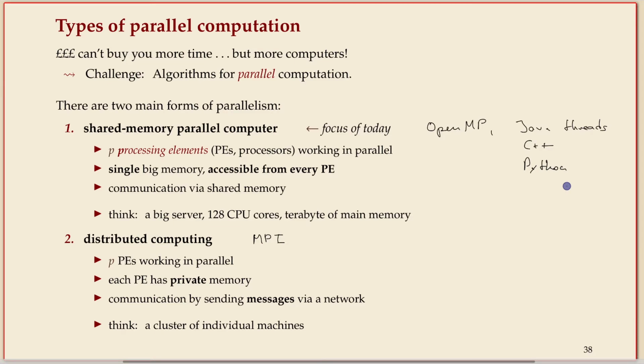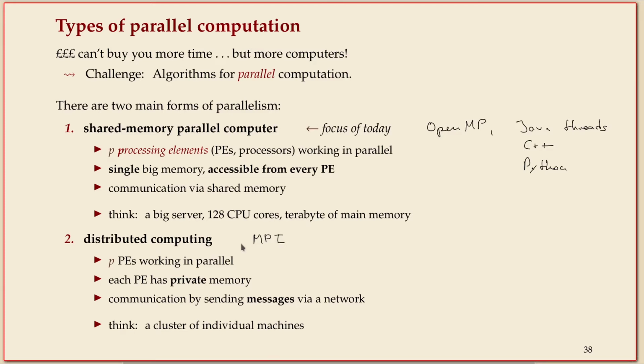All the things that tend to be built into a programming language tend to be more on the shared memory side. Even though sometimes they abstract even further, and then the two models are maybe not so distinct anymore. We'll see more concrete examples.